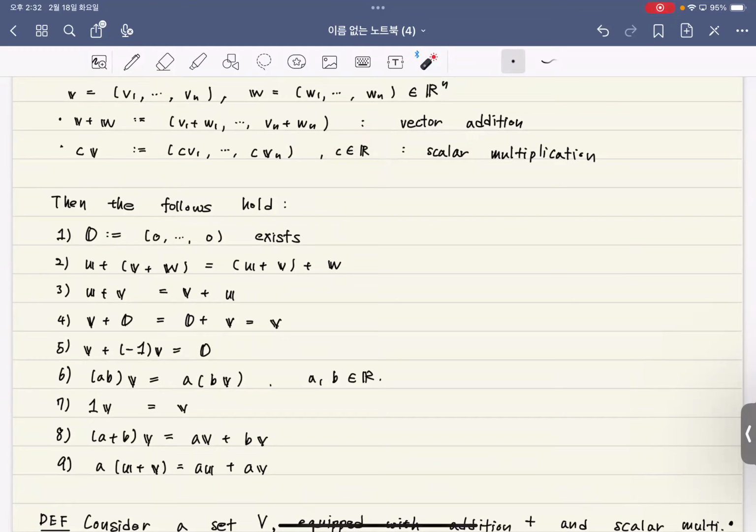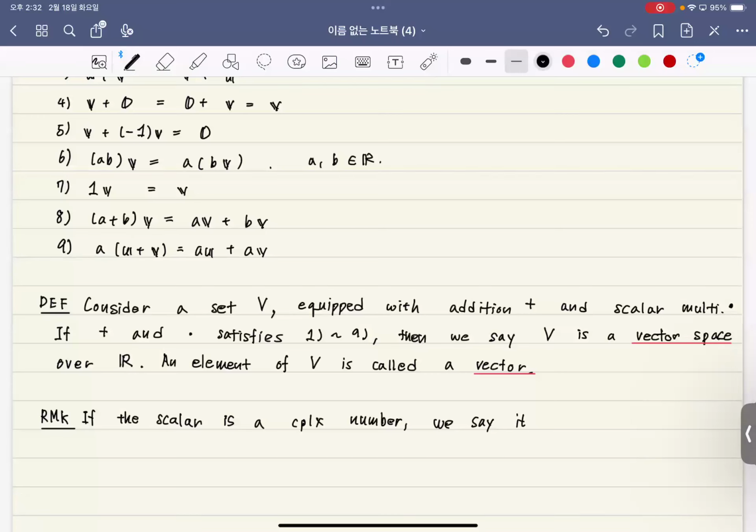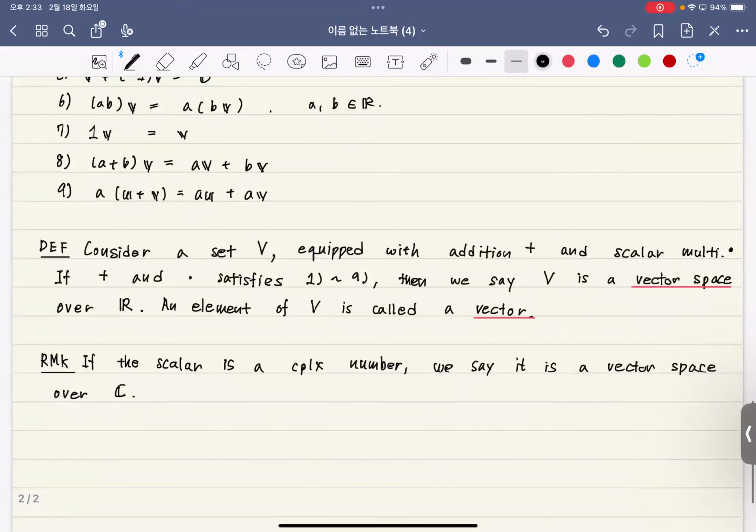In that case, we say that V is a vector space not over real numbers, but over complex numbers.